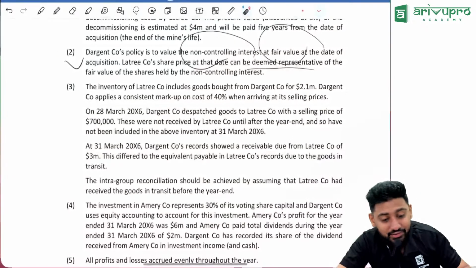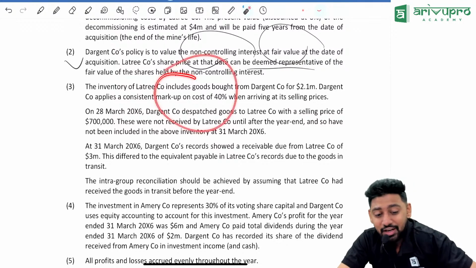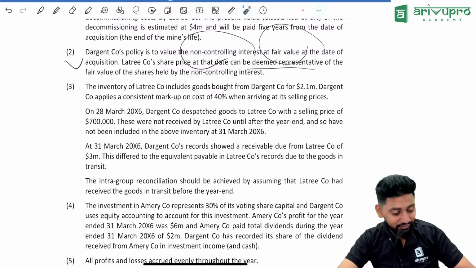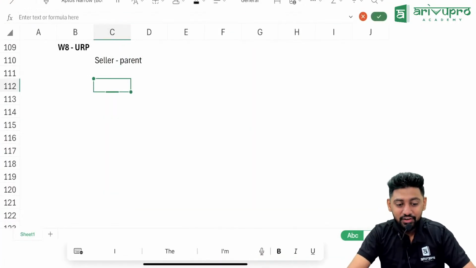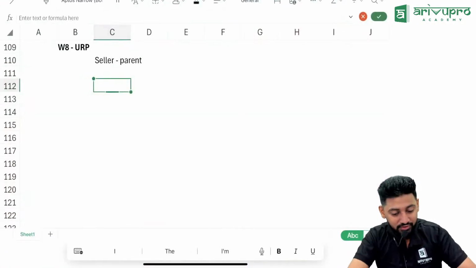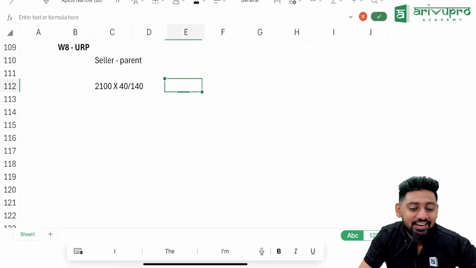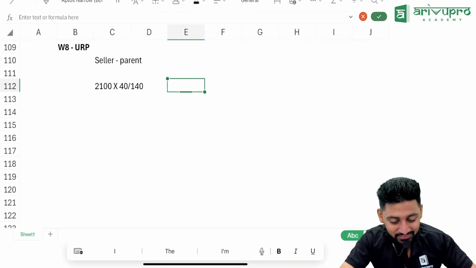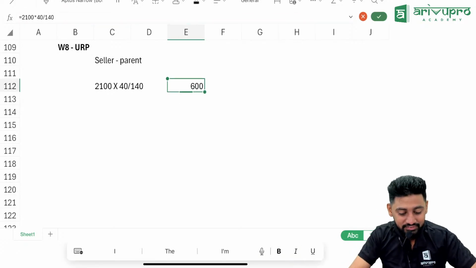You have inventory worth 2,100 with you, for which you have charged 40% markup. Who is the seller? Parent is the seller. So very simple. What is the value of inventory that you have? 2,100. 2,100 into 40 over 140. Now, don't come and tell me this is difficult. How much? 600.